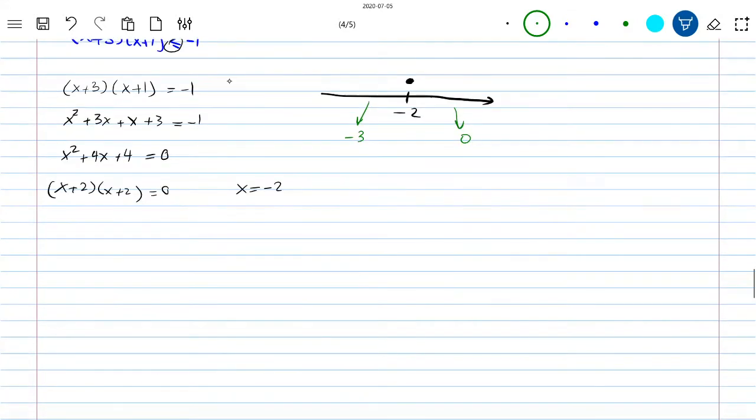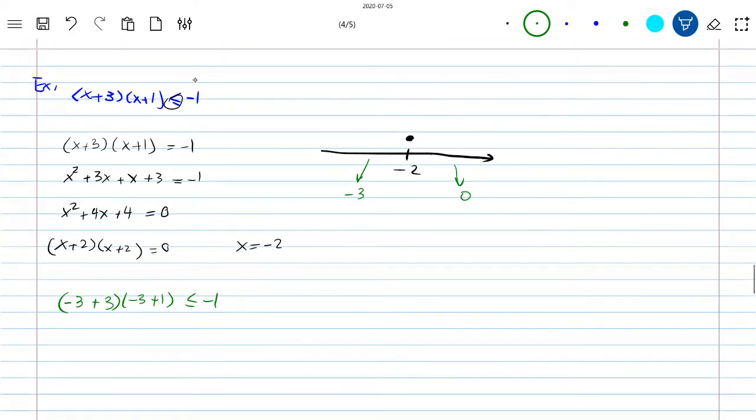Test these numbers. I replace negative 3 into the original inequality: (-3 + 3)(-3 + 1). Is it less than or equal to negative 1? This was the original inequality that I'm focusing on. Negative 3 plus 3 is 0. 0 times whatever is 0. Is 0 less than or equal to negative 1? It is not.